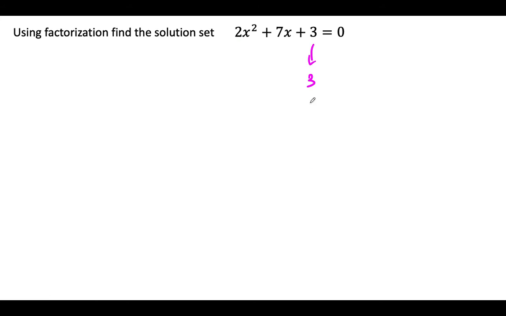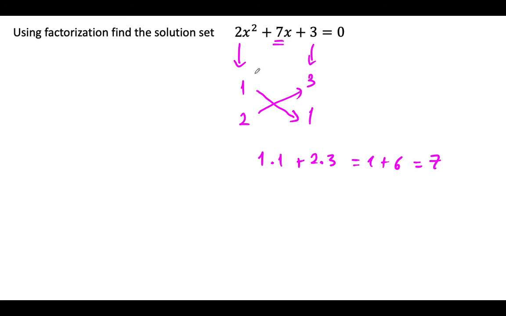3 is here right now, 1 is here, and 2 is here, 1 is up. 2 is 1 times 2, 3 is 3 times 1, and the cross product: 1 and 1 plus 2 and 3, which is 1 plus 6, which is 7. Bingo, it is satisfied right now. So x squared, so x and x.